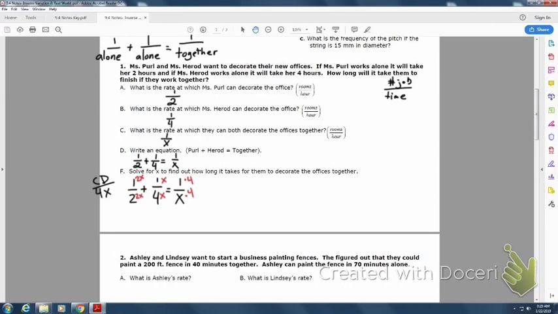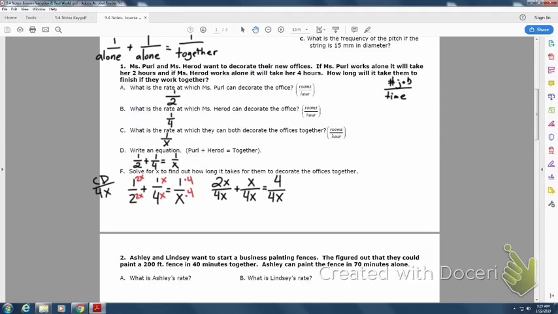So I'll go ahead and multiply all those out. So I've got 2x over 4x plus x over 4x equals 4 over 4x.